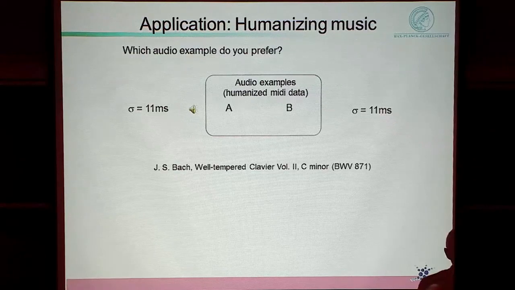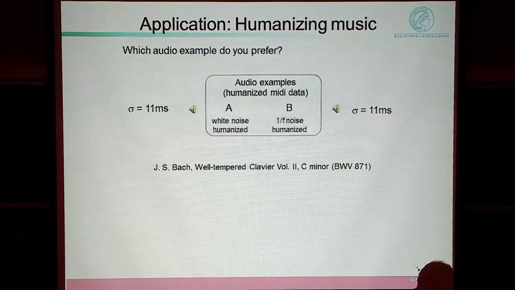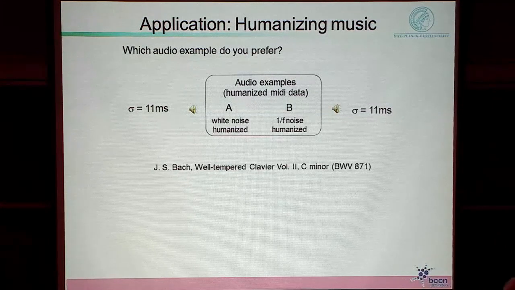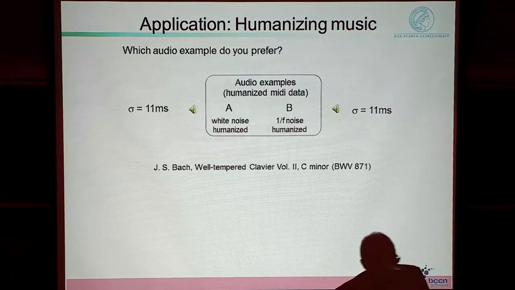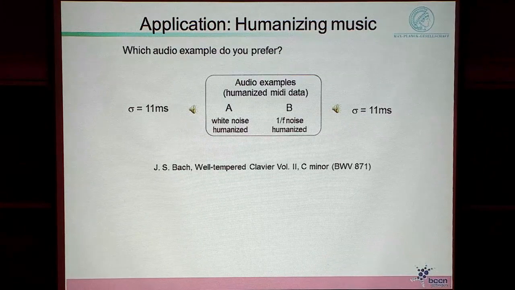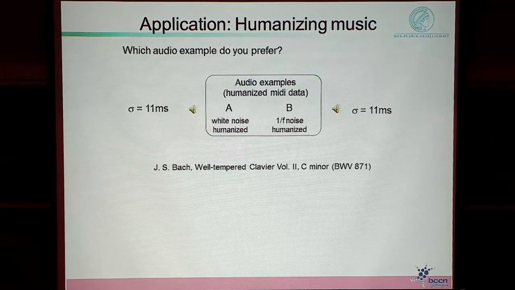And B, I guess the majority. Okay, well, this often depends on one's constitution. I don't know. Sometimes I hear it, sometimes I don't hear it when I have this small standard deviation.